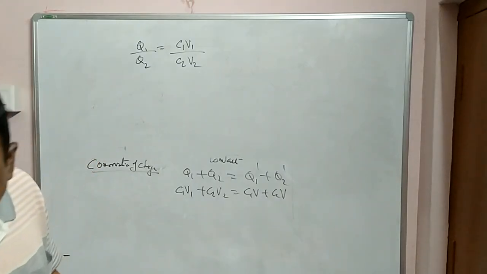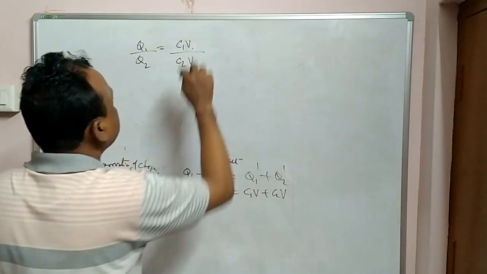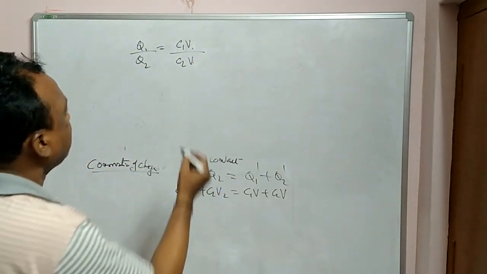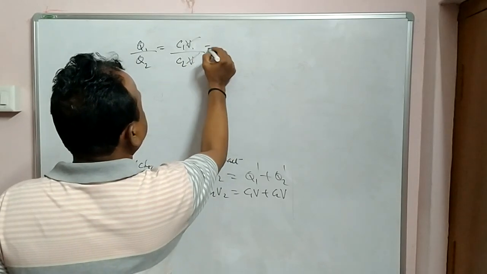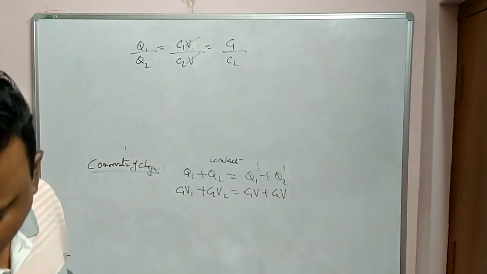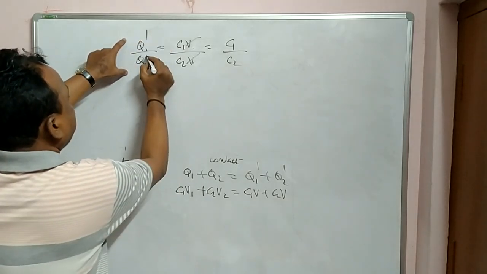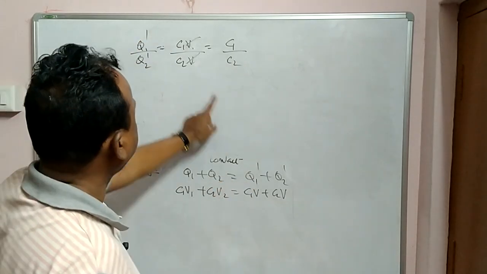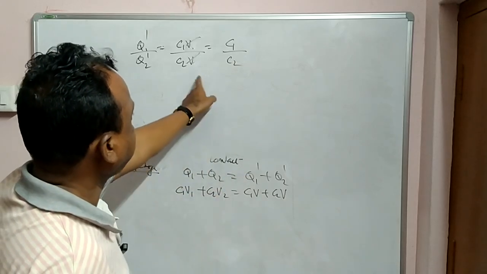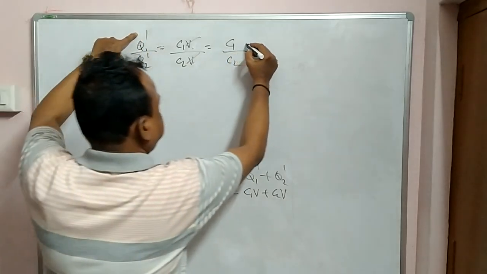A common potential అయింది కదా, C1V, C2V. VV gets cancelled. What happens? C1 by C2. So the new value, సారీ Q1 డాష్, Q1 డాష్ ఎంత అయింది? C1V. Q2 డాష్ ఎంత అయింది? C2V. సో Q1 డాష్ బై Q2 డాష్ ఎంత అవుతుంది?